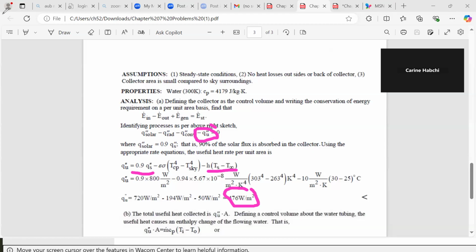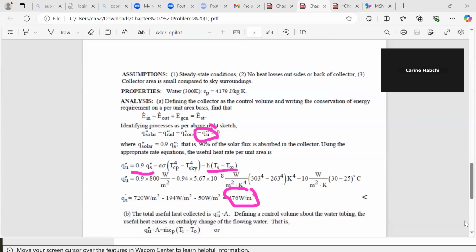Now, if I ask you to find the efficiency of your solar collector, how can you calculate the overall efficiency? Whenever I tell you to define an efficiency, you put useful over input. What was your input here?